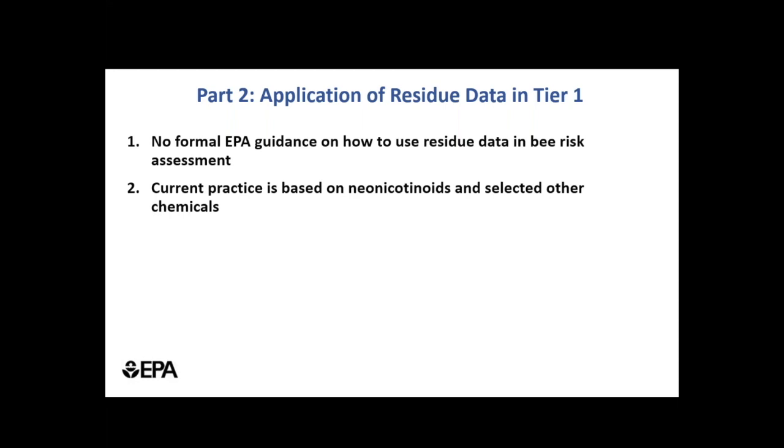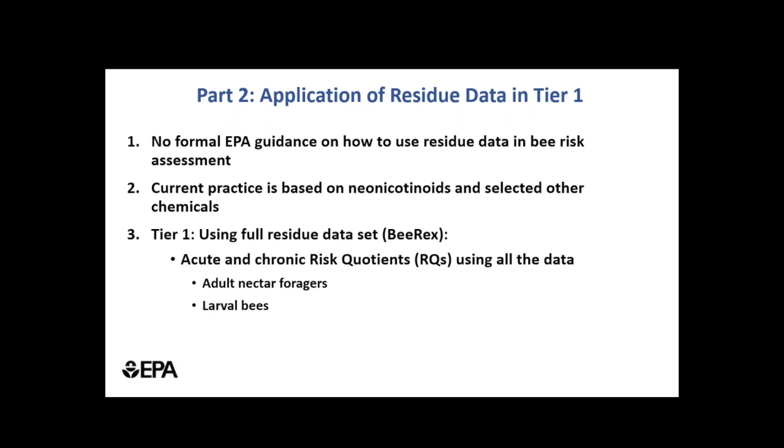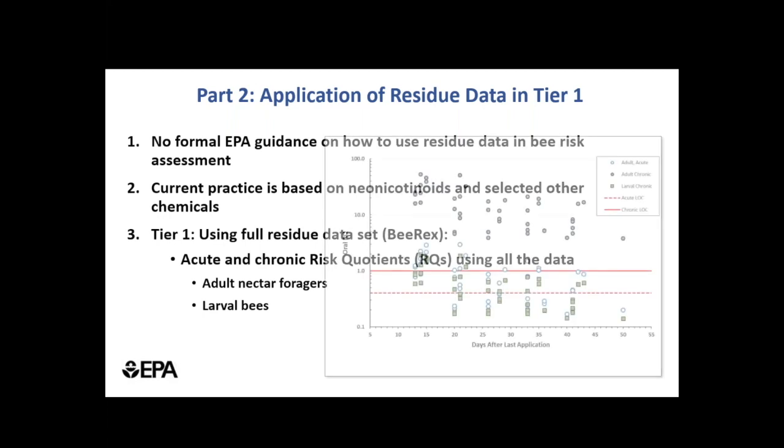So at Tier 1, what we can do is use the full set of residue data in the BREX model that Tom described earlier. And we can develop acute and chronic risk quotients using all of the data. And this can be developed for different castes of bees or bees with different tasks, such as adult nectar forager and larval bees.